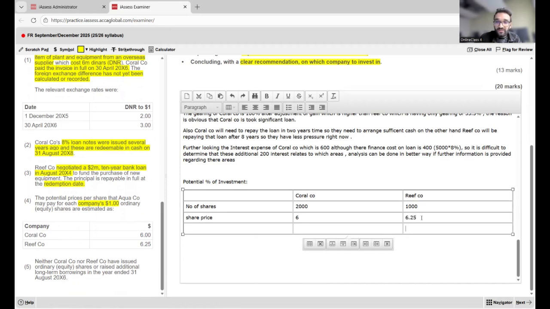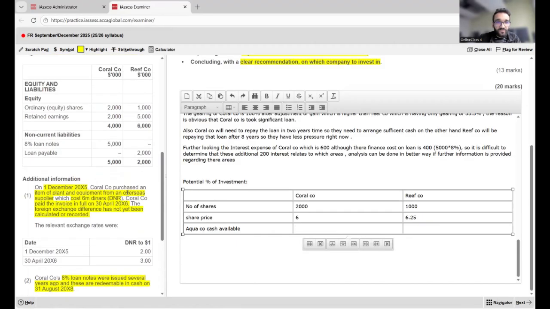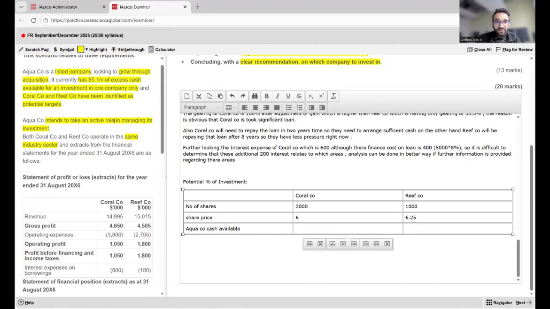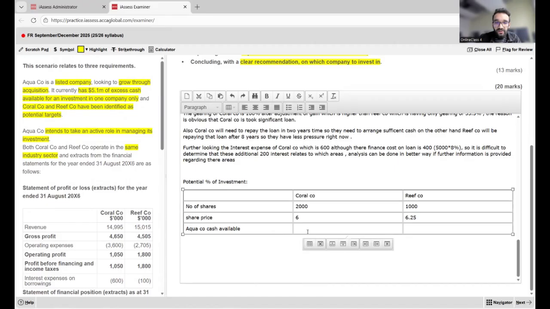And what is the cash available? Aqua company is having a cash available, which is, I guess, I'll be writing $30 common, 5100, right? So in 5100, how much shares will we be getting of both company? I'll be adding two more columns.